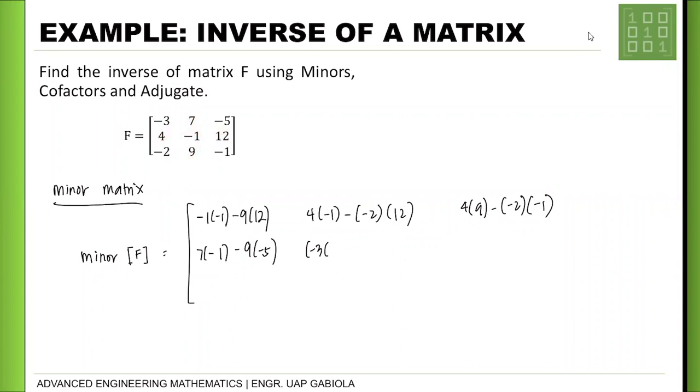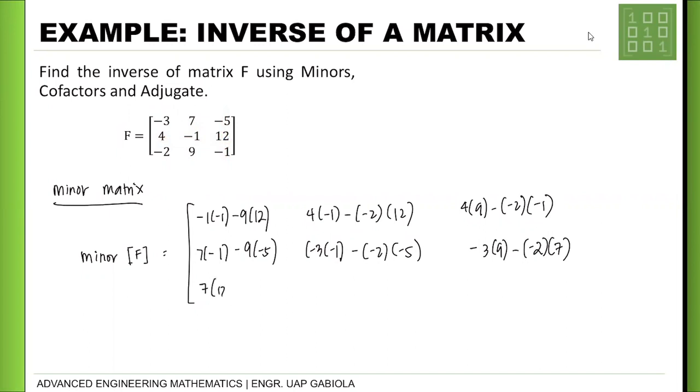So, negative 3, negative 1, minus negative 2, negative 5. Okay? And then we have negative 3. Okay? So, ayan, no? Times 9 minus, okay? Plus, so hindi ko na isusulat, hindi ko na pakita yung elimination, no?